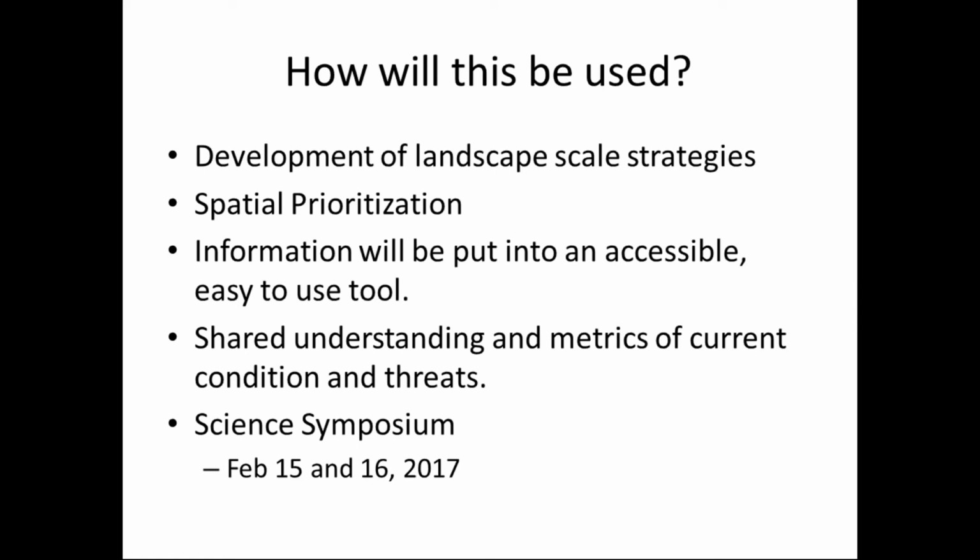Eventually, this will hopefully lead to a spatial prioritization of places that have good attributes or are in good condition. Yet to be determined how that will look. The information will be made public and accessible to everybody through a web-based, easy-to-use conservation planning atlas tool, and we'll also have a shared understanding of the metrics of current condition and threats.